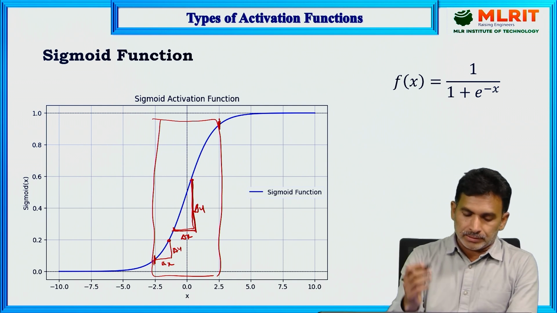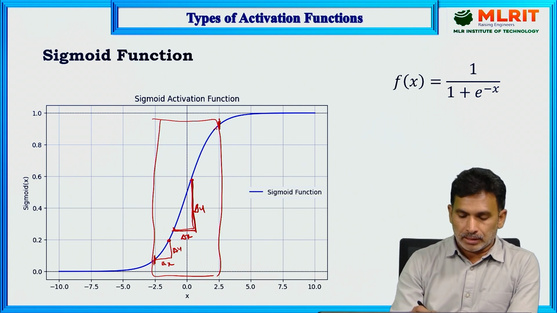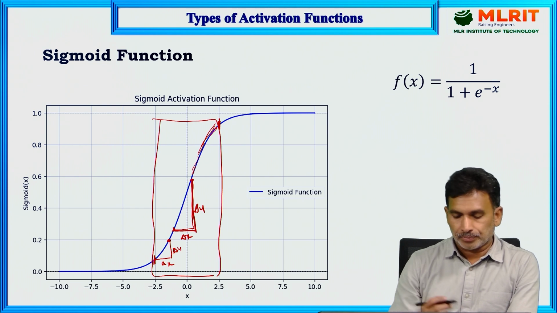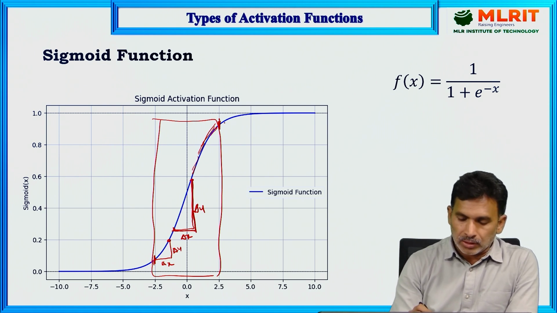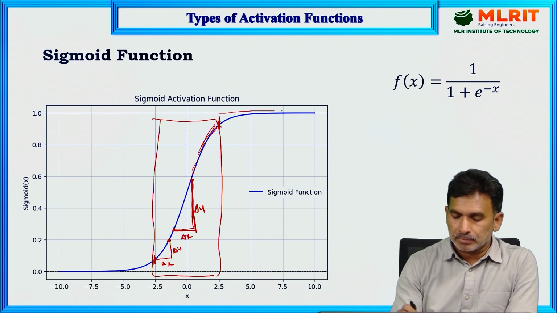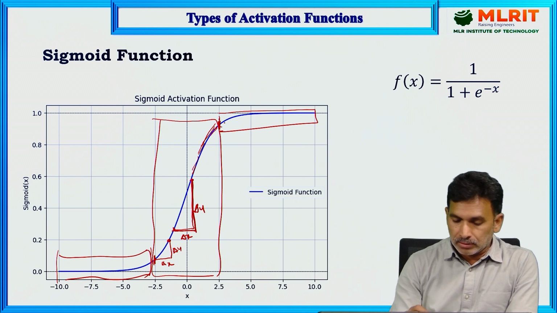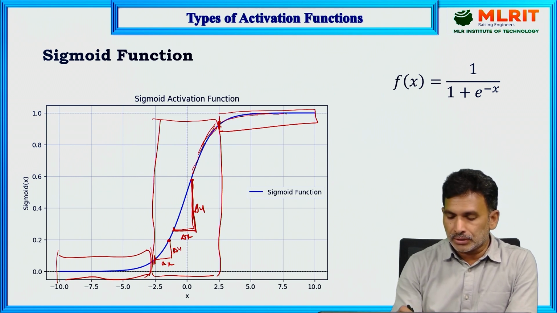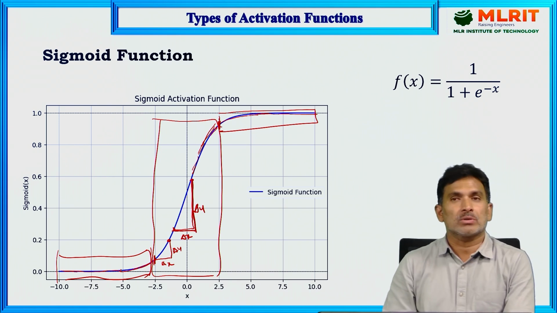Here you can see the gradient is changing. If you take a tangent, how it is changing is going to affect training. If you look outside this region, at this part and also this part, it is a very small change and then it reaches 1, and similarly here, very small change and then it is almost equal to 0.